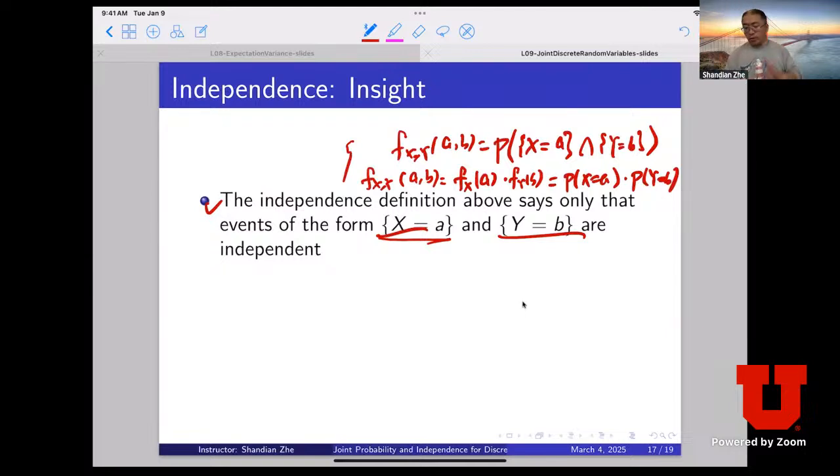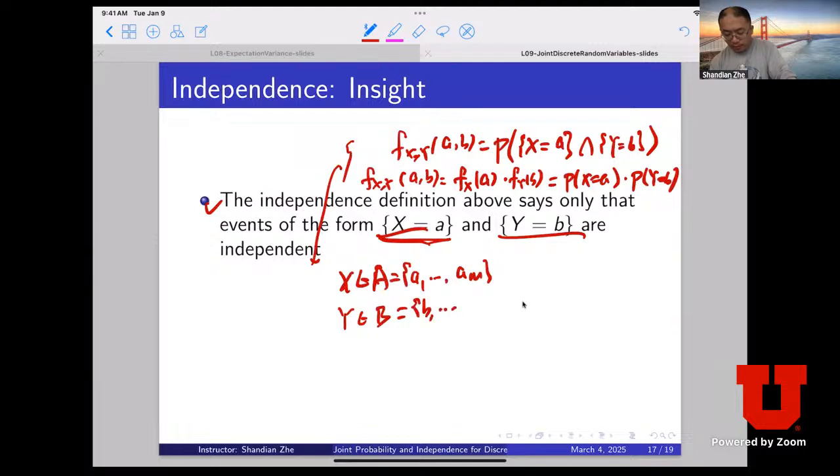But now actually we can conclude that this definition extrapolates to a larger type of events. We could look at any events regarding X, meaning X belongs to a subset of values, right? Not just X equals a single value. We can take an arbitrary set of values that X can take, say A1 to Am, and an arbitrary set of Y values, B1 to Bn, right?